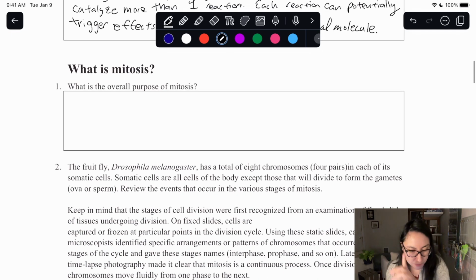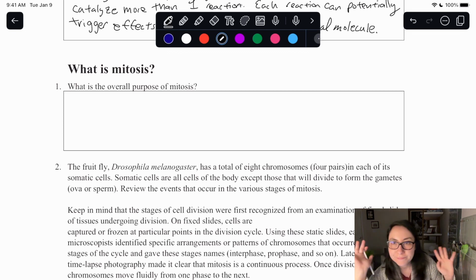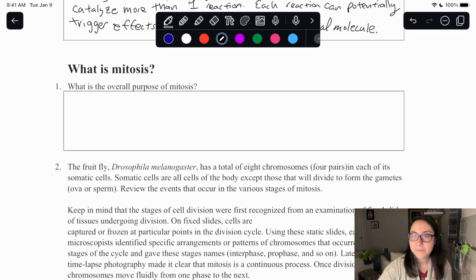Now we're going to go into what is mitosis. Let's see, oh, look at all the people. Hi, everybody. If anybody wants to participate, somebody tell me what mitosis is really quick. I'll give you a little bit to answer. I can also take a break and drink some tea.